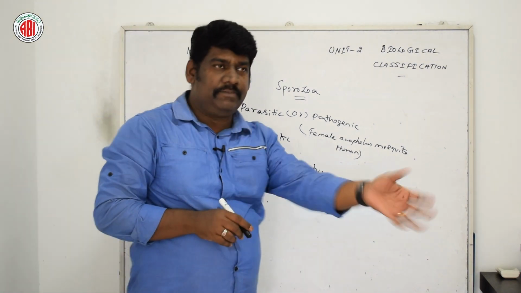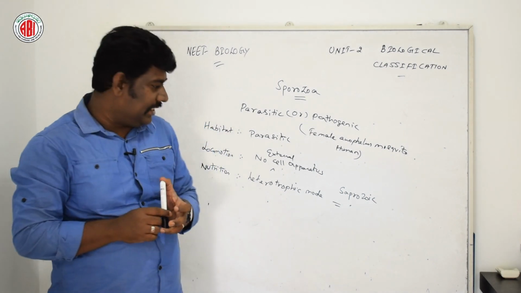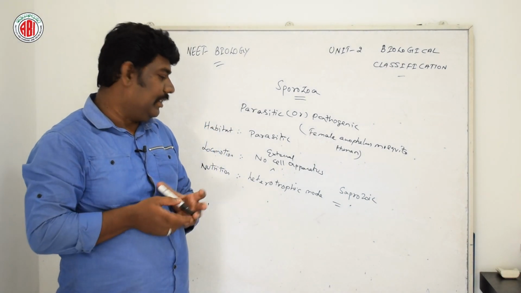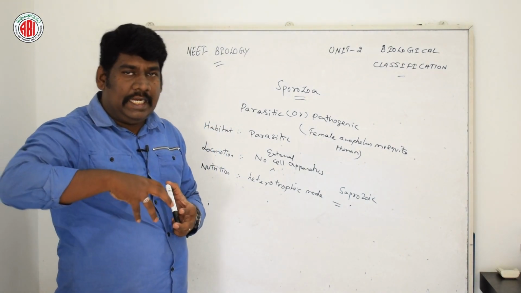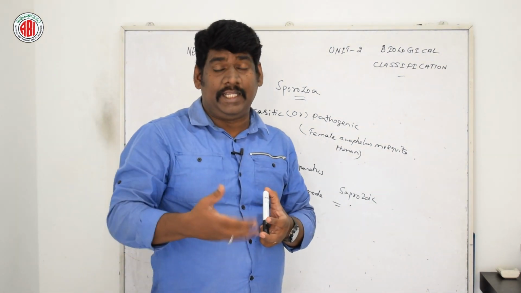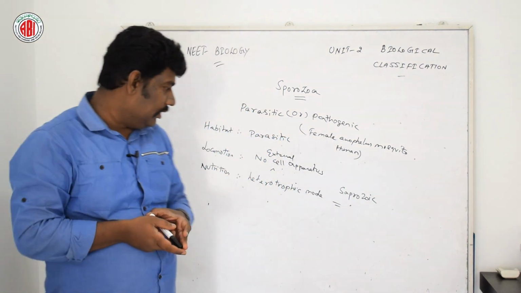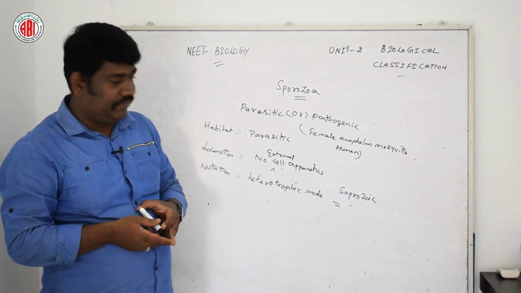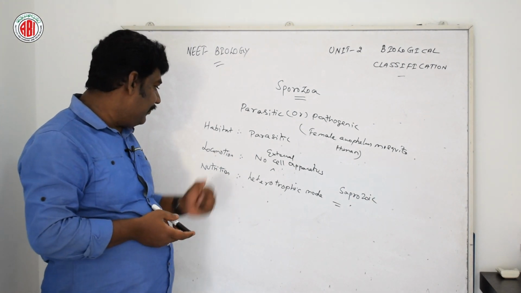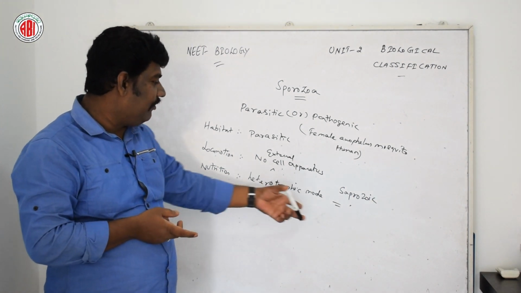The organism itself survives in a parasitic mode of habitat, so it cannot prepare its own food, as in an autotrophic mode of nutrition. So the organism follows a heterotrophic mode of nutrition.